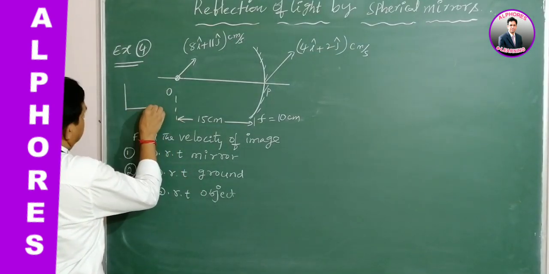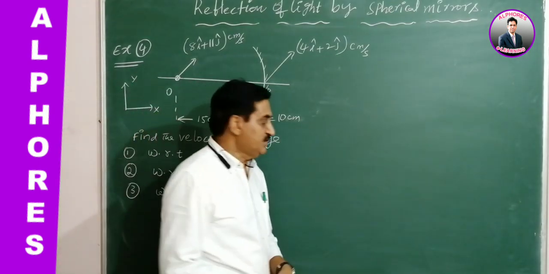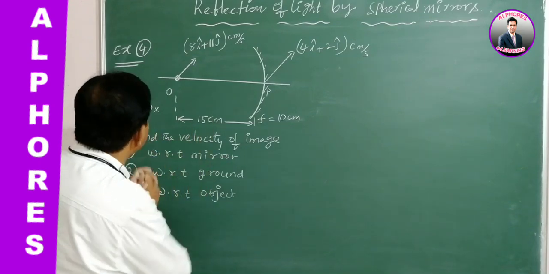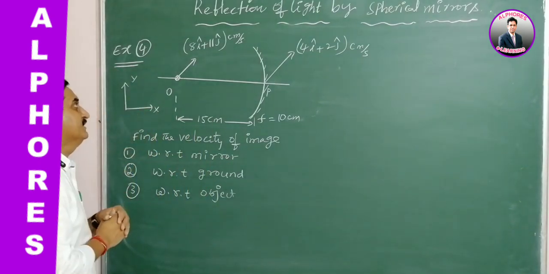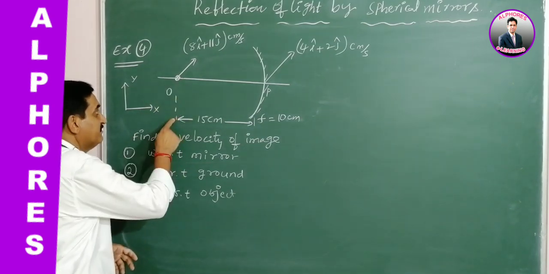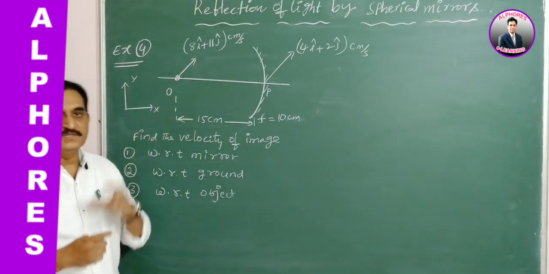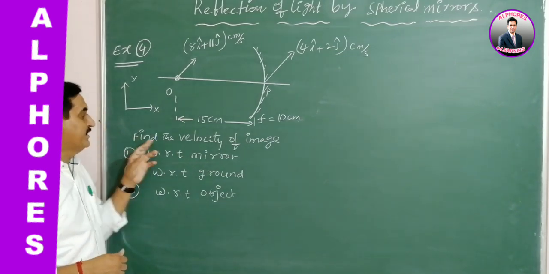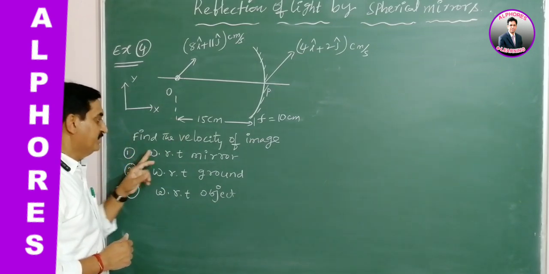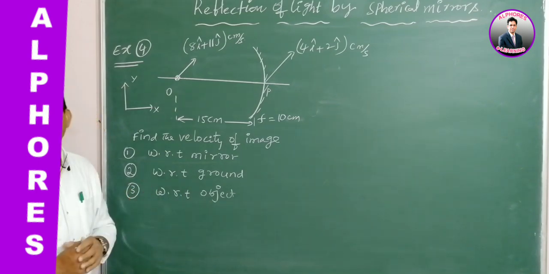The object is moving with a velocity 8i plus 11j shown in the diagram, at this instant, when it is at a distance of 15 centimeters from the concave mirror. Find the velocity of image in the concave mirror: number 1 with respect to mirror, number 2 with respect to ground, number 3 with respect to object.